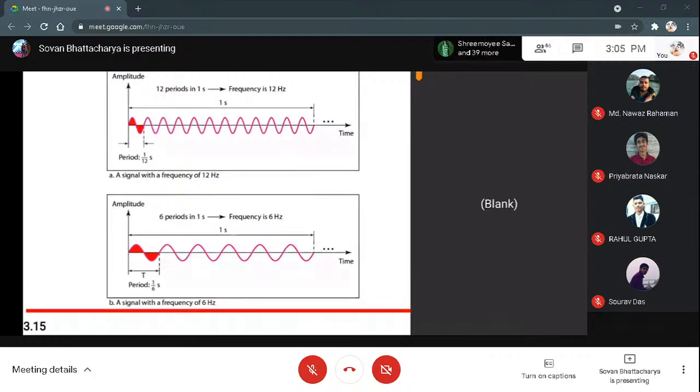The amplitude peak is the same, and the positive and negative phases are the same, but the frequency is different. In the first example, the amplitude was different but frequency and phases were the same. Here, the amplitude and phases are the same, but the frequency is different: the first is 1/12, and the second is 1/6. Okay, so is this clear, everyone?